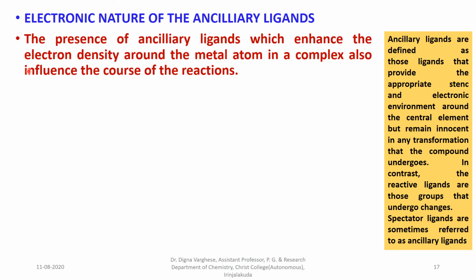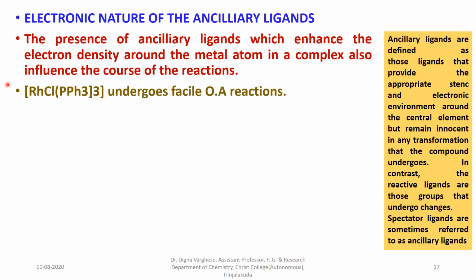The presence of ancillary ligands which enhance the electron density around the metal atom in a complex also influences the course of the reactions. For example, Wilkinson's catalyst undergoes facile oxidative addition reactions.